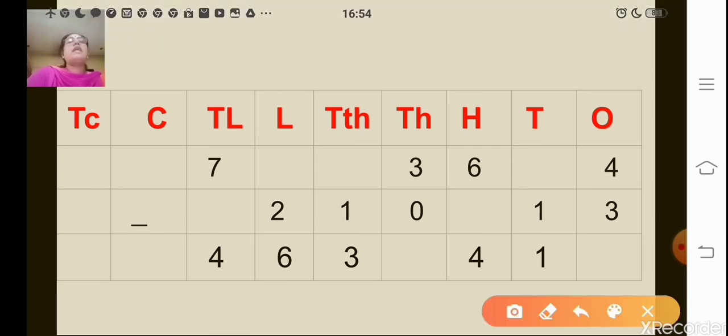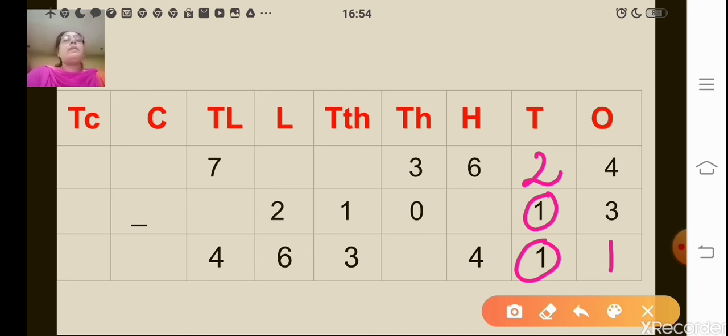Now here we'll start from the ones place. 4 minus 3 is 1. Now in the tens place you have to find the first number, that is the minuend, so we will add the subtrahend and the difference. 1 plus 1 is 2. Now here the first number is given, you have to find the subtrahend.